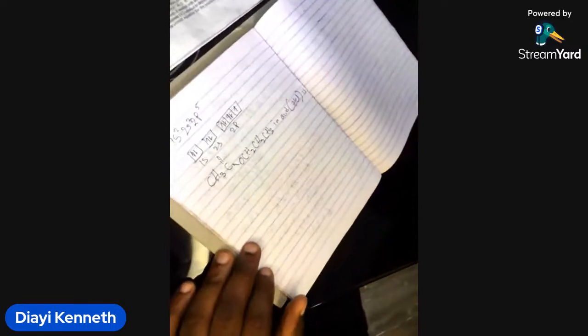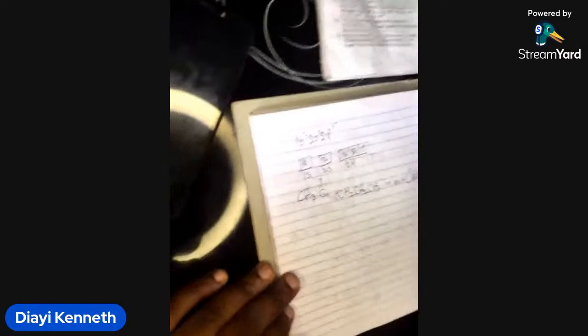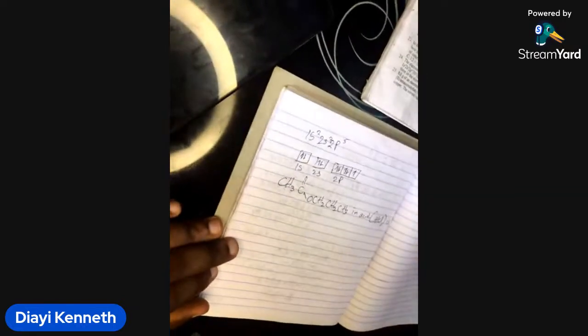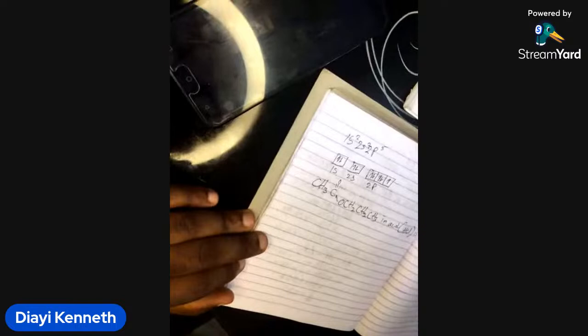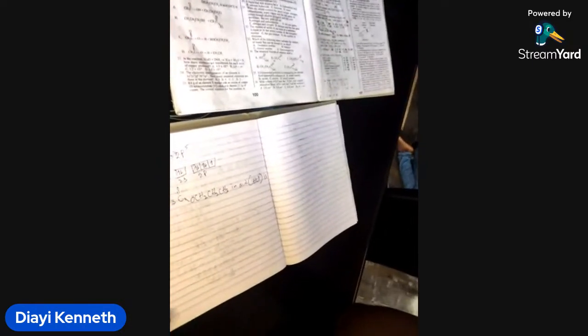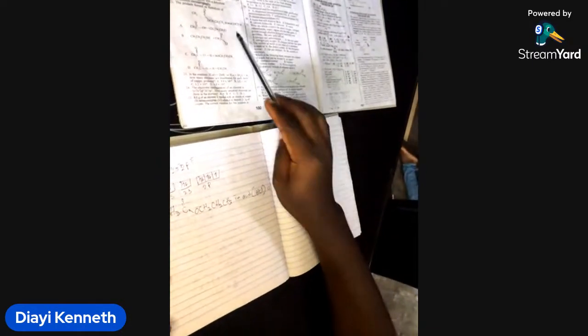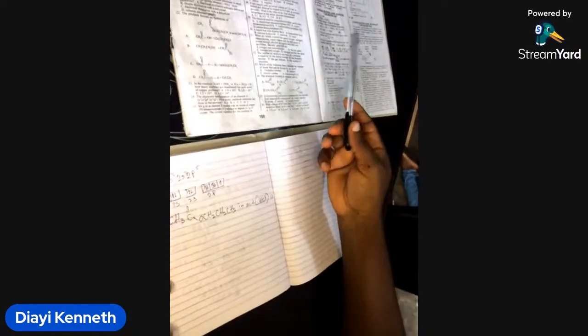Now, what is hydrolysis to get started with? Hydrolysis can be defined as a chemical reaction of a compound due to the reaction of water. So, when water reacts with this compound, hydrolysis occurs.